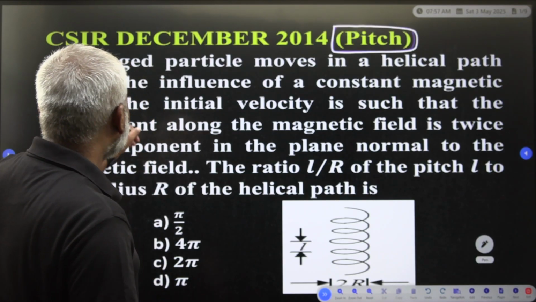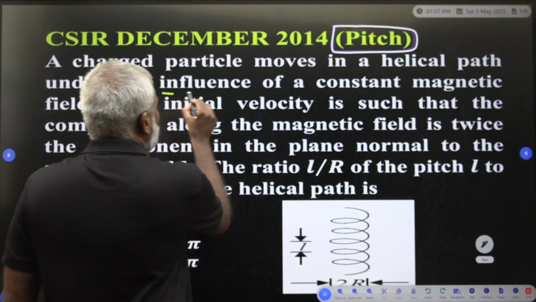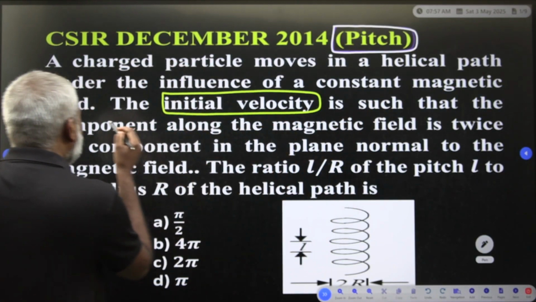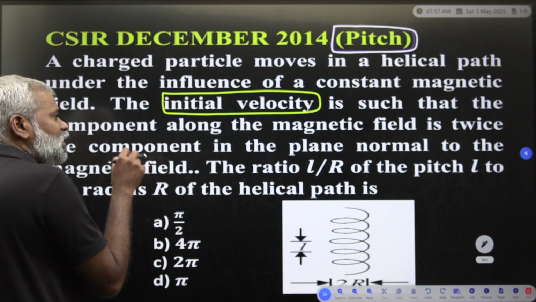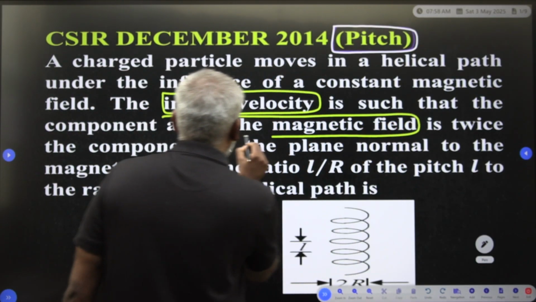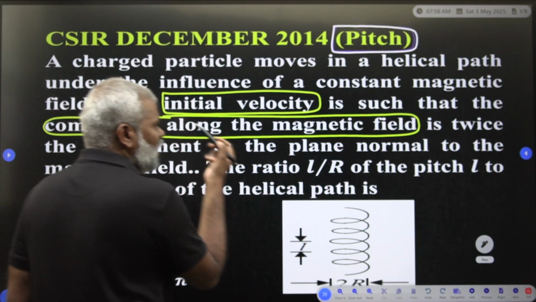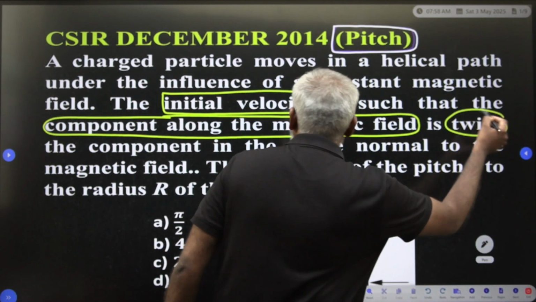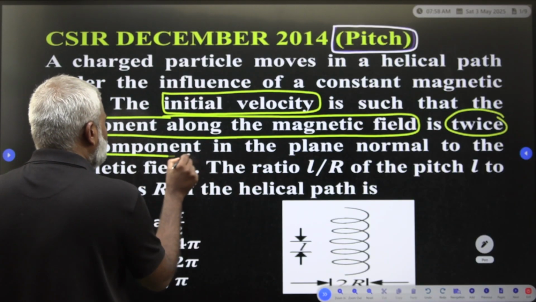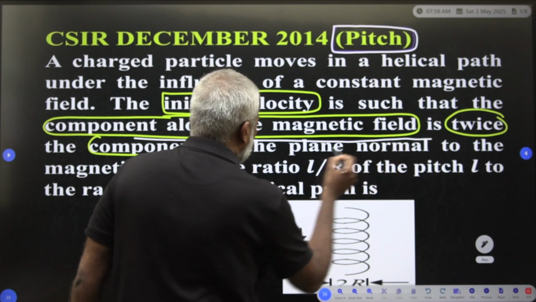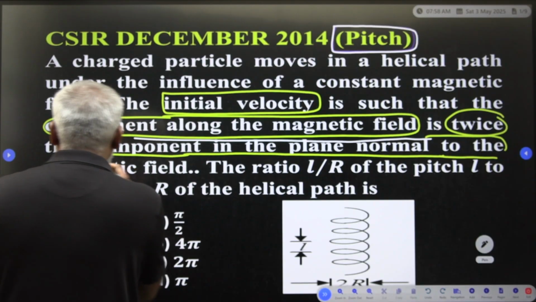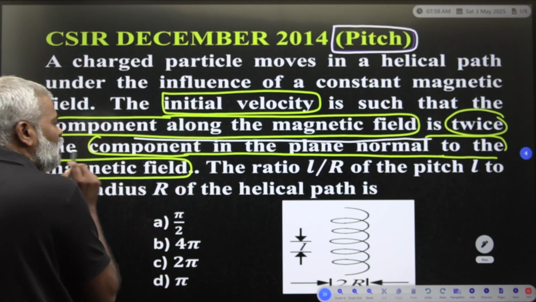The initial velocity is such that the component along the magnetic field is twice the component in the plane normal to the magnetic field.